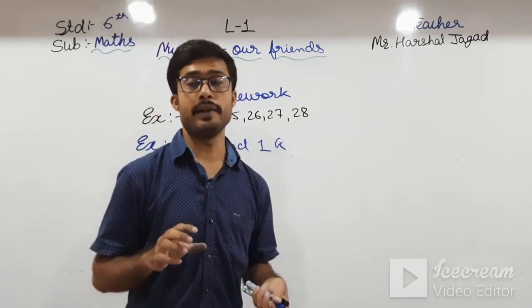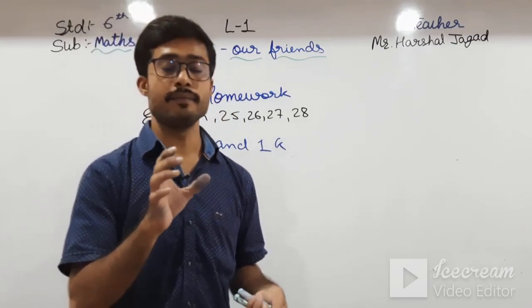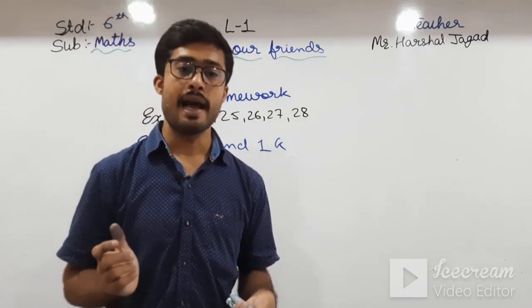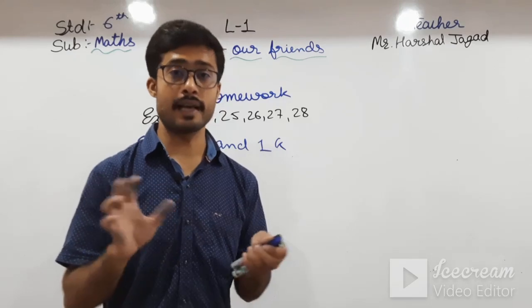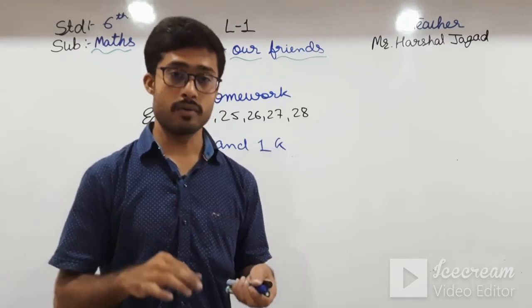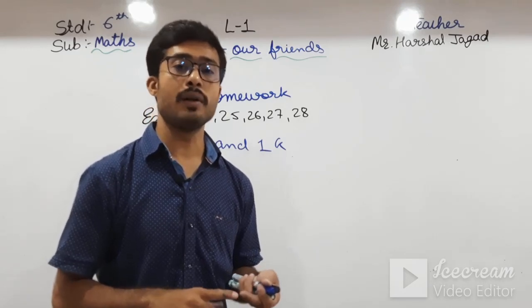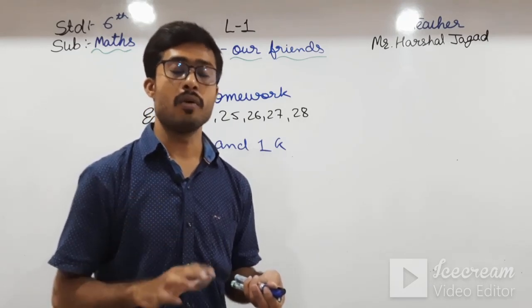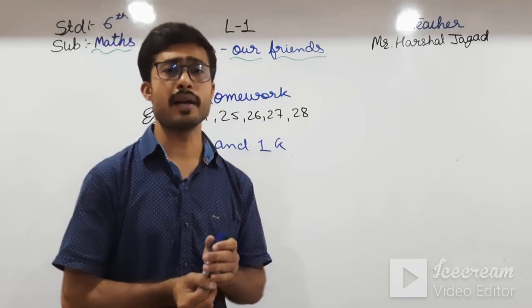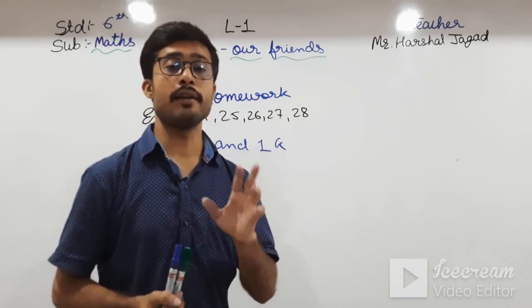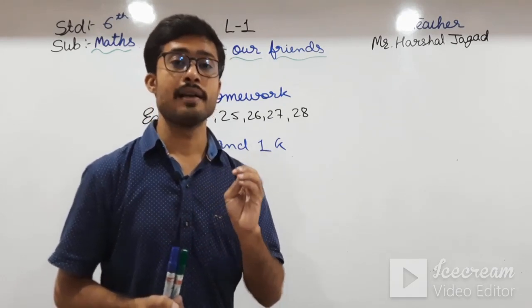Or else what I will do, I will make some notes of this and just put them in the group. If there are many doubts, then only I will put notes in the group, all the answers of the exercise. Okay students, but I will put that only if all have doubts in that sum.